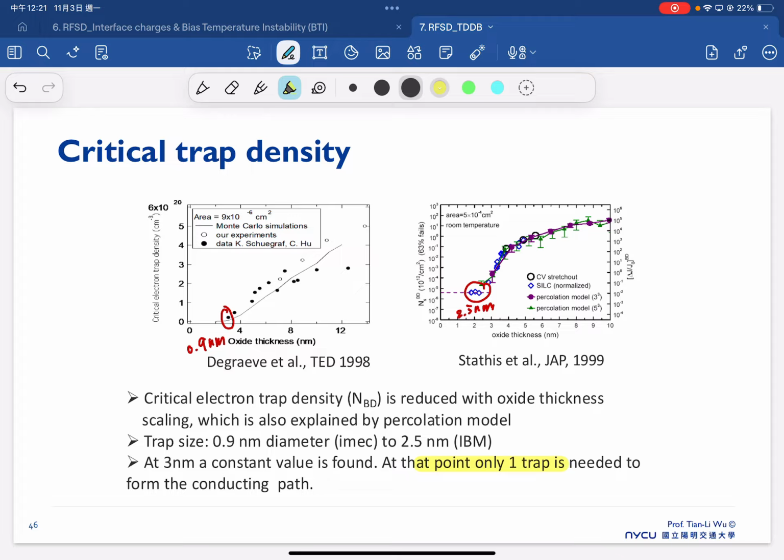That's why this becomes a huge warning when we do semiconductor scaling, because we realize that we cannot scale down our dielectric below 2 nanometer. We cannot scale below 1 nanometer because only one trap is enough to trigger TDDB, and only one trap is enough for the percolation path.